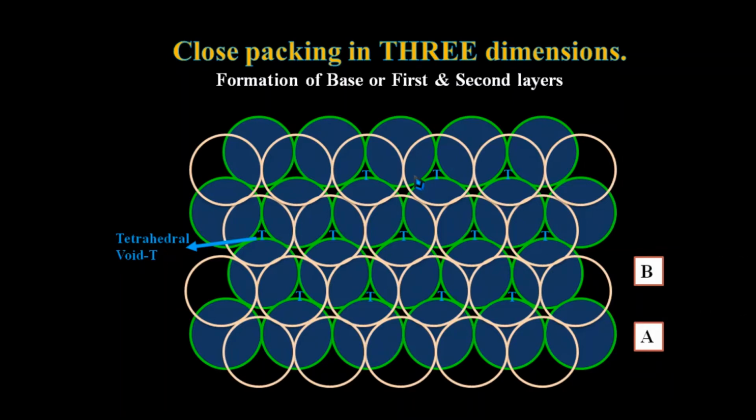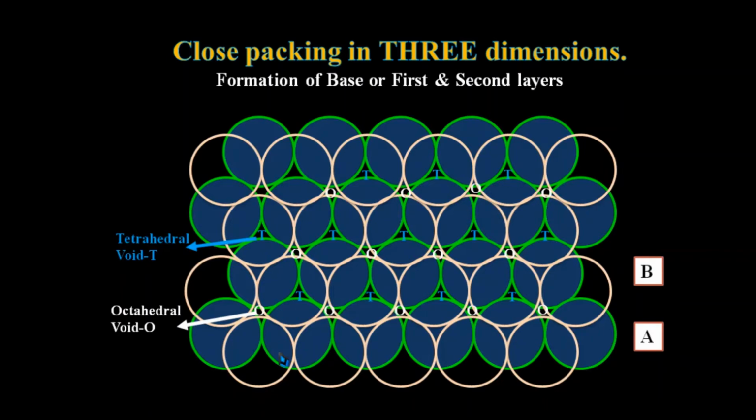These voids which are formed are surrounded by six spheres and are called octahedral voids, represented by O, and the tetrahedral voids are represented by T. They are called octahedral voids because an octahedron is formed when the centers of these six spheres are joined. Like the tetrahedral void, when we join the centers of the six spheres, an octahedron is formed.